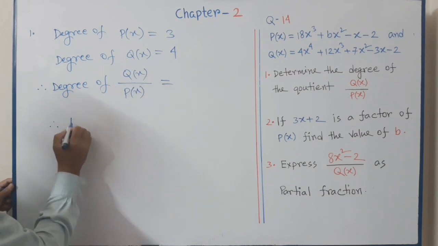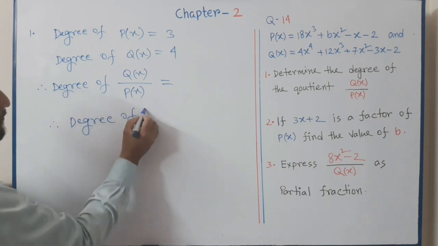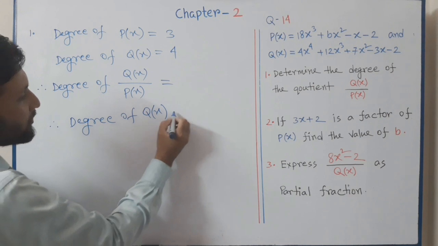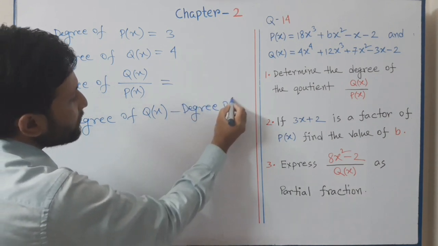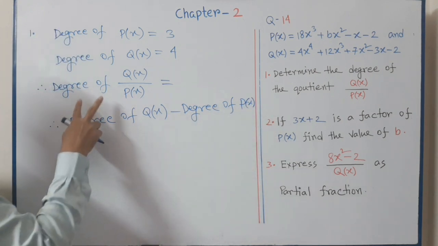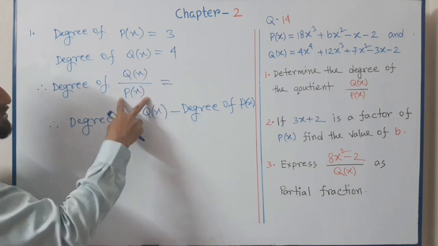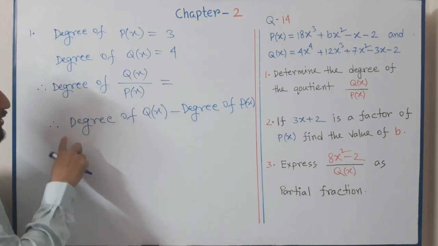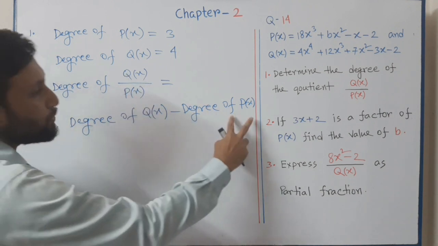So write down here degree of q of x minus degree of p of x. This is the rule to identify the degree of quotient of q of x divided by p of x. So the formula is degree of q of x minus the degree of p of x.